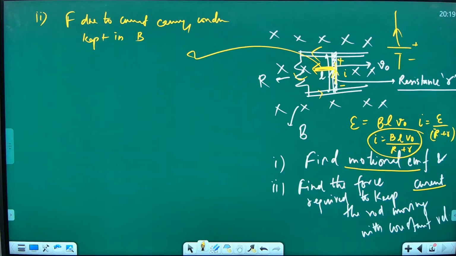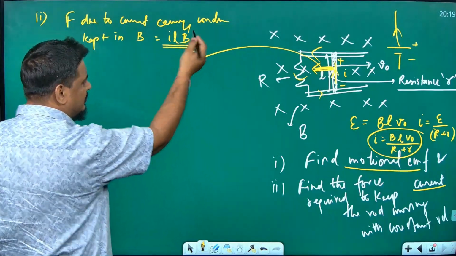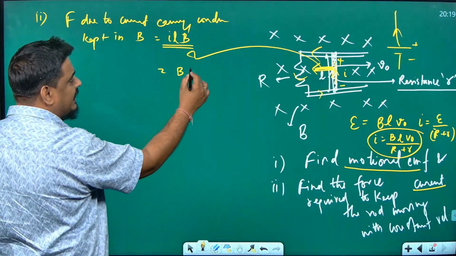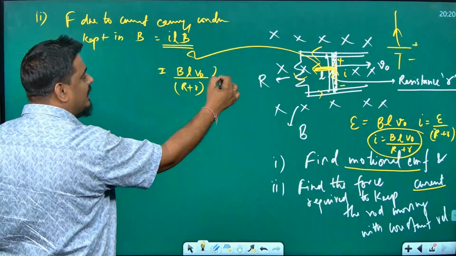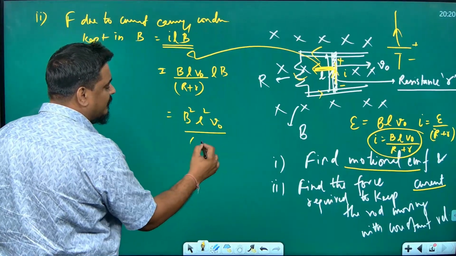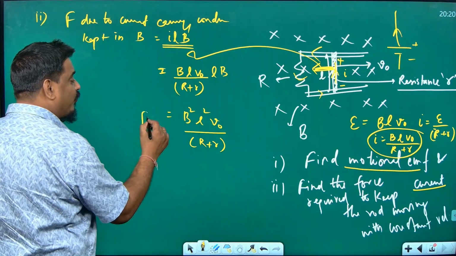I is the current, L is the length, B is the magnetic field, and theta is 90 degrees here, so we get ILB. We found the value of I as BLV naught by R plus R. So the force is B square L square V naught by R plus R. This is the value of force.